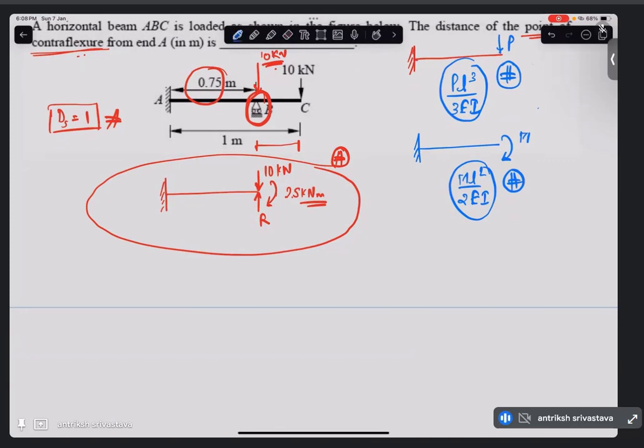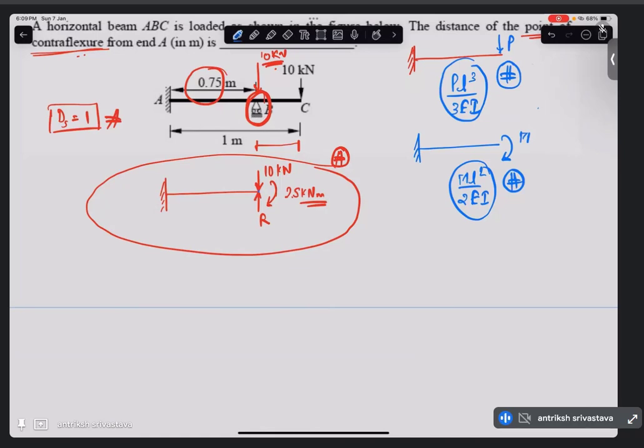write the steps here. So we have the load from the top, 10 kilonewton. That is going to move this point downwards, and then we have the 2.5 kilonewton meter moment that is also going to pull this beam downwards.